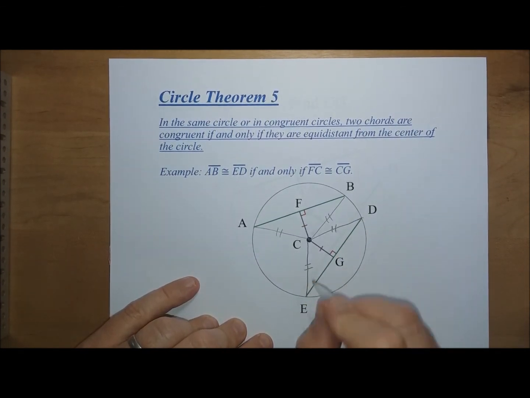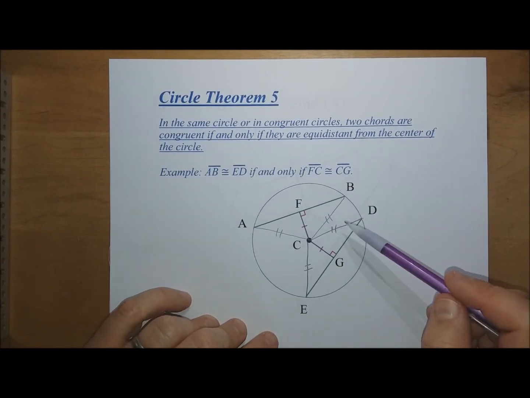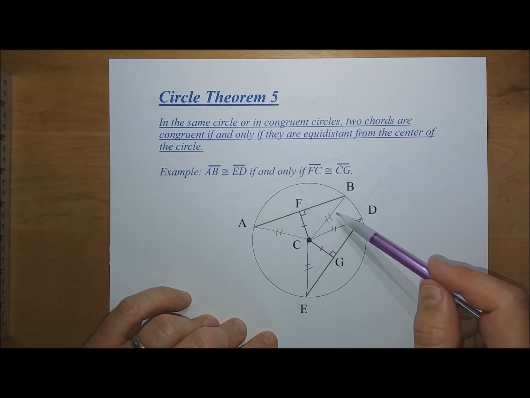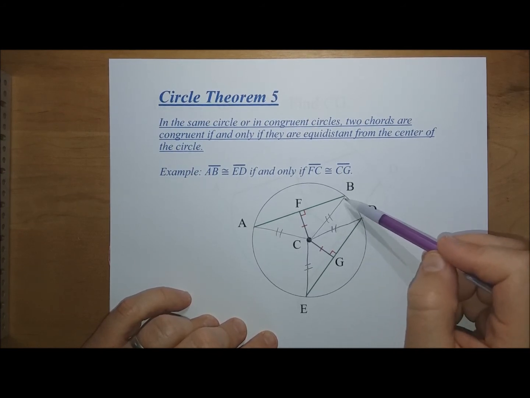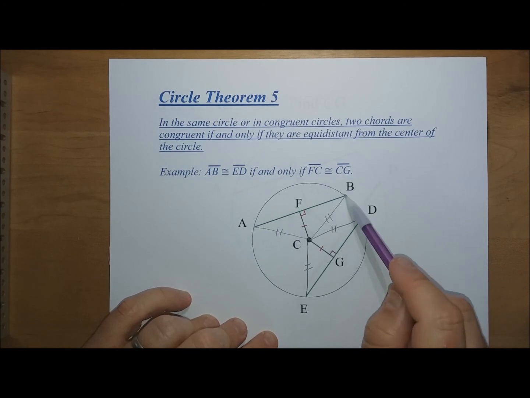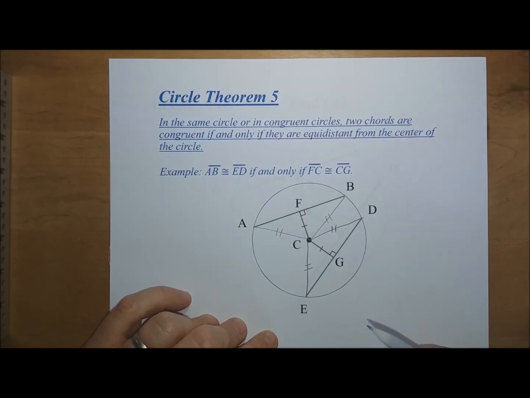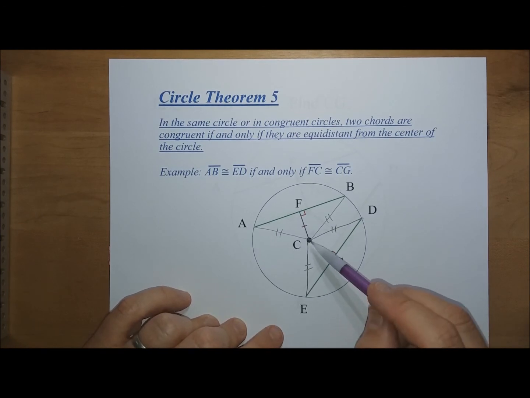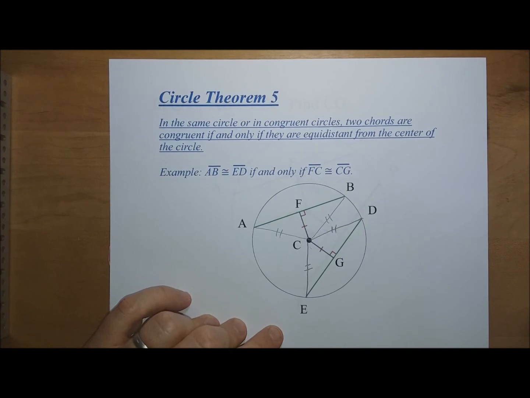They must be congruent as well. Now, what are we trying to prove here? Are we trying to prove that the chords are congruent or that CF and FG are congruent?